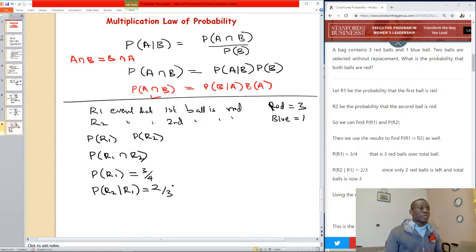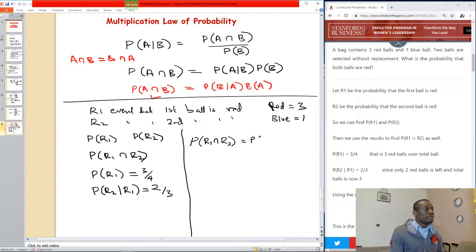Right? Good. So in this case, we can now use the formula for multiplication law to find the probability that R1 and R2 are both red. So probability that R1 and R2 is equal to probability that R2, given that R1 is red, times the probability of R1, right?